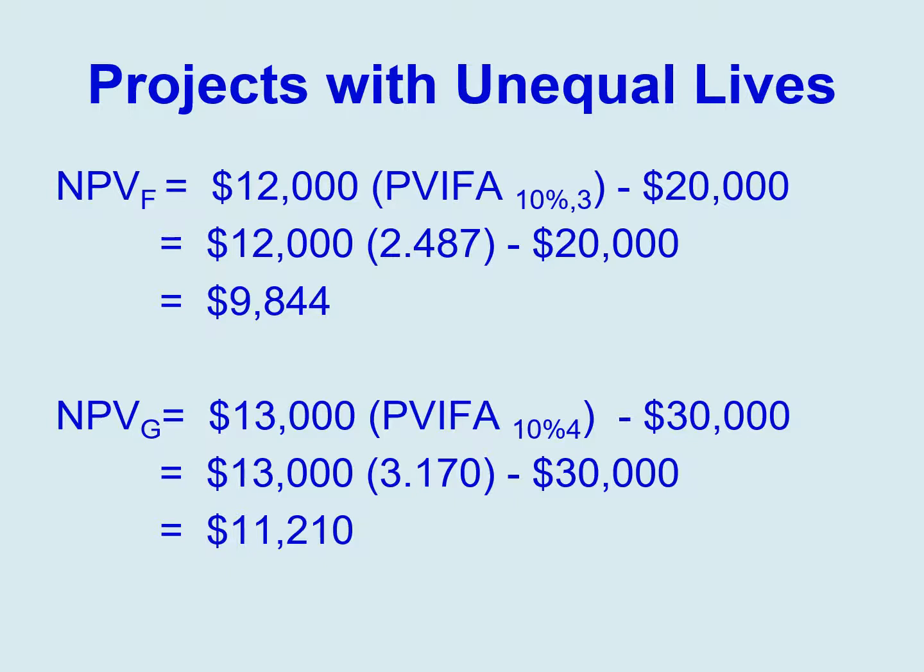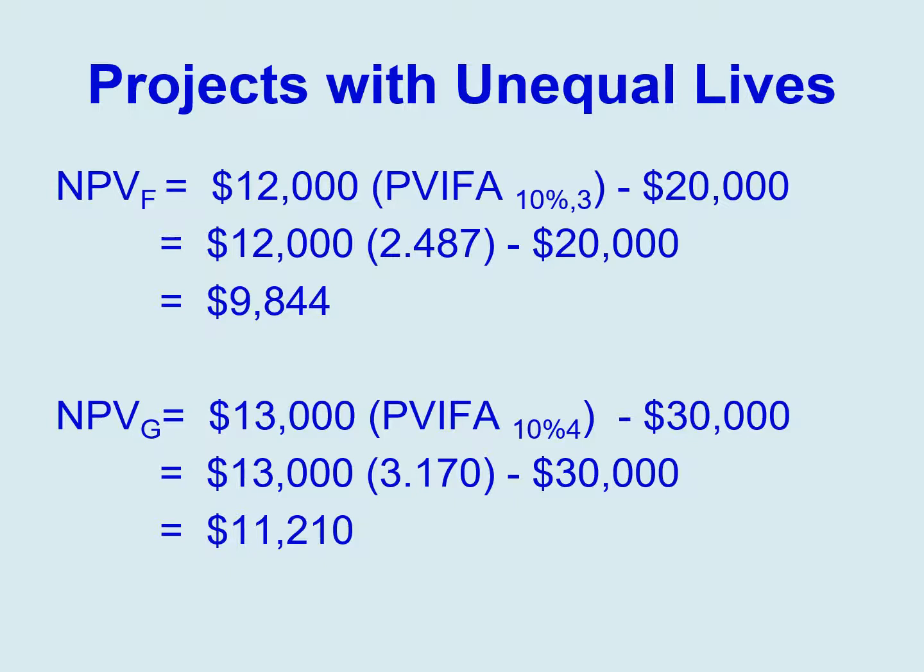Then I subtract the initial investment. So my unadjusted NPV for Project F is $9,844. For Project G, we have a 4-year annuity on a $30,000 investment.